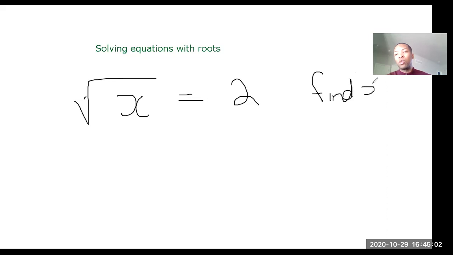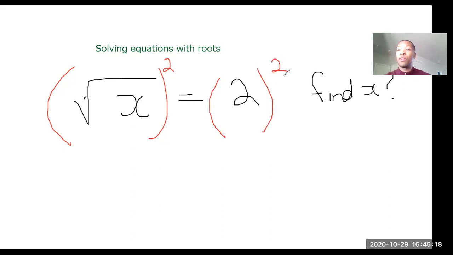As of right now, I have square root x. That is not just x. I need x to be by itself. In order to get rid of a square root, I square it. And whatever you do on one side, you do it on the next side.